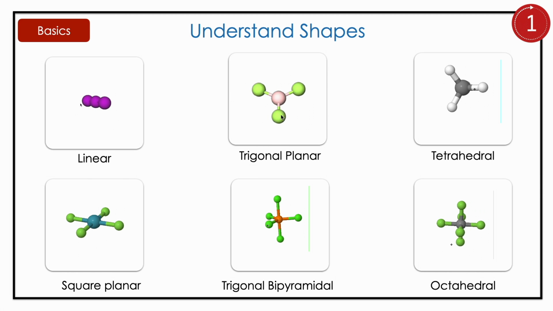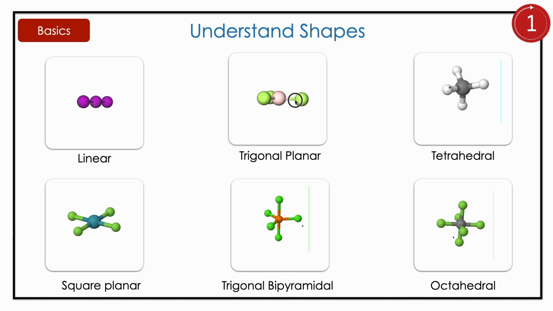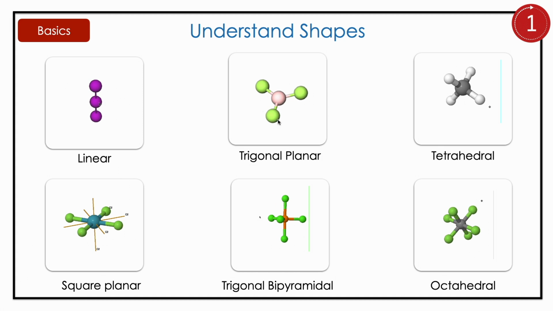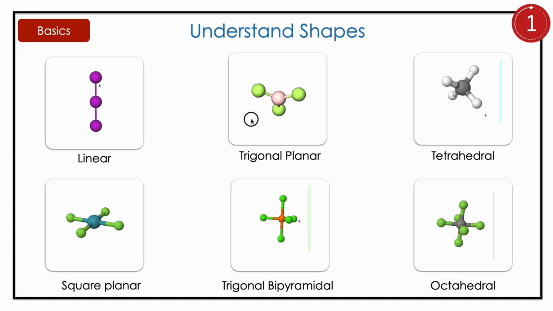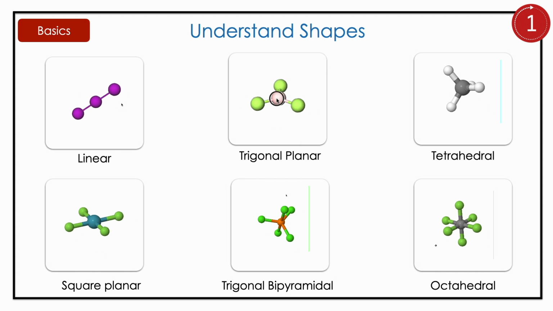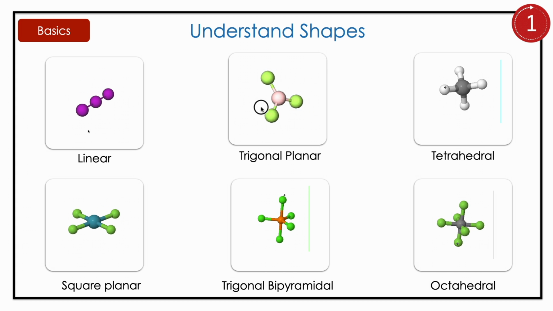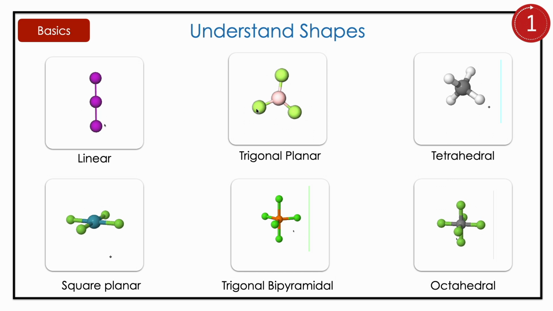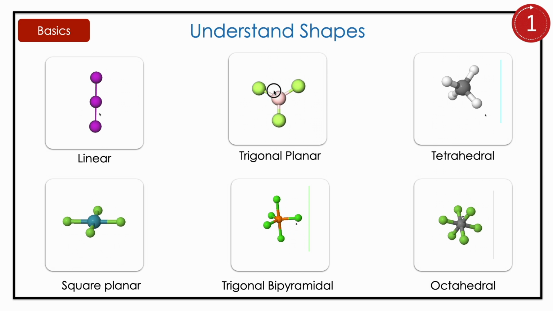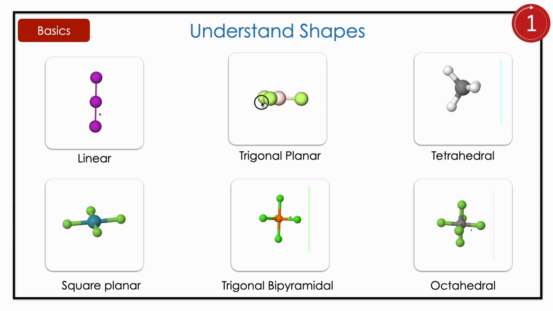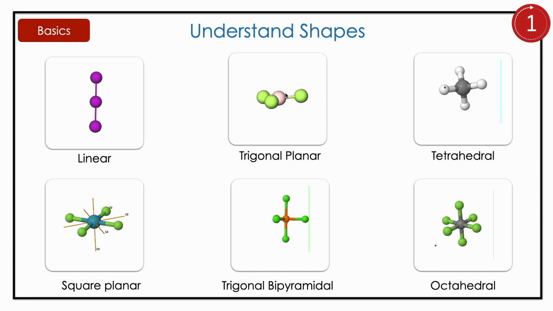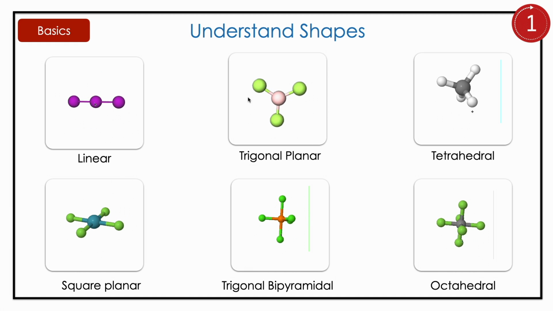Trigonal bipyramidal means trigonal structure with above and below atoms. Octahedral means 6 atoms connected in an octahedron. So these are all the basic shapes. If you don't understand these shapes, solving problems will be difficult. Better you watch this slide again and again and you should imagine perfectly.